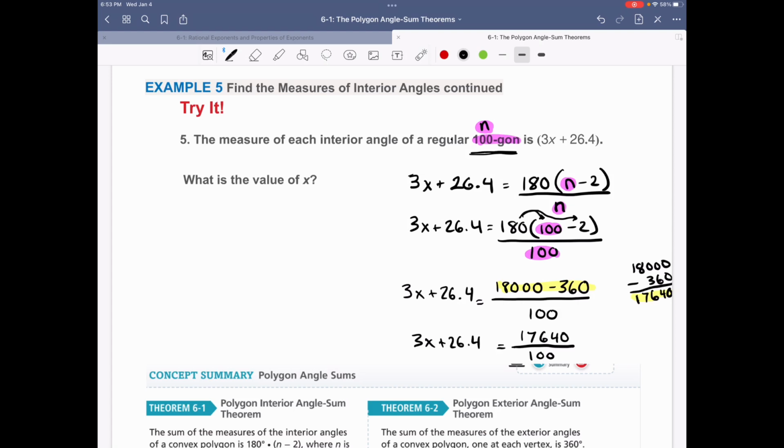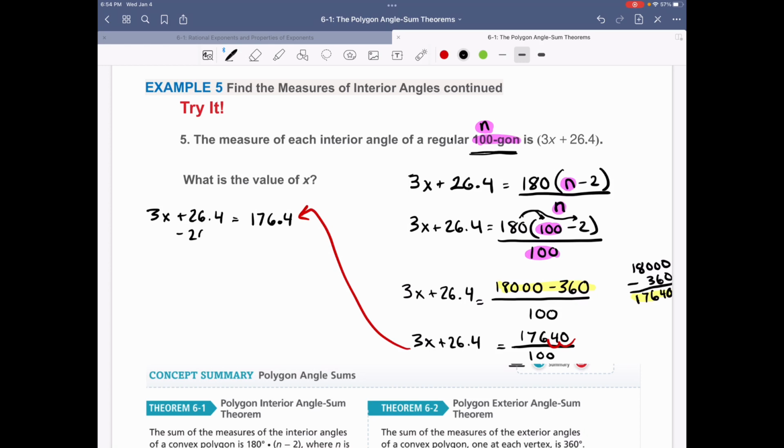Now I'm going to simplify by dividing this by 100, which when we divide by 100, it just moves the decimal over 2 places. So when I divide by 100, I get 176.40, but you don't have to put the 0. And then I'm just going to bring the left side of the equation with it, 3x plus 26.4.